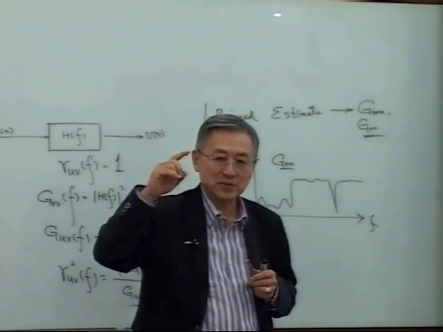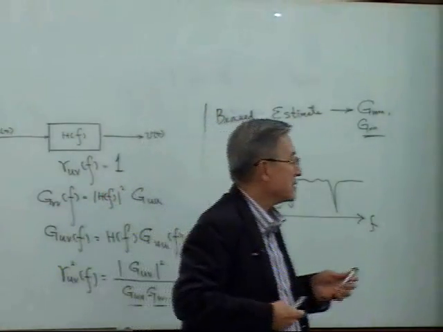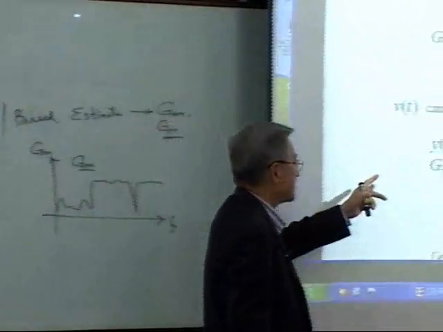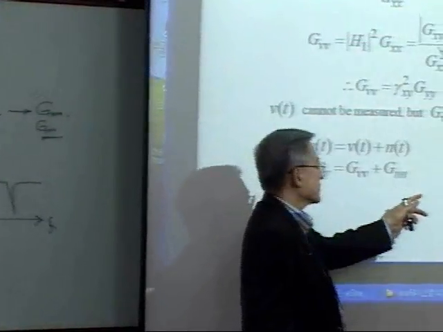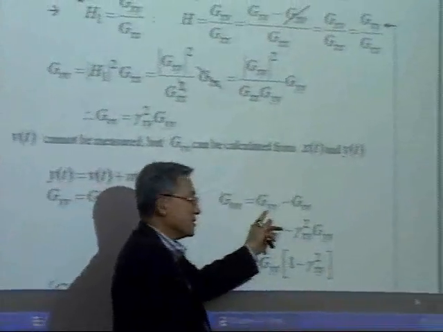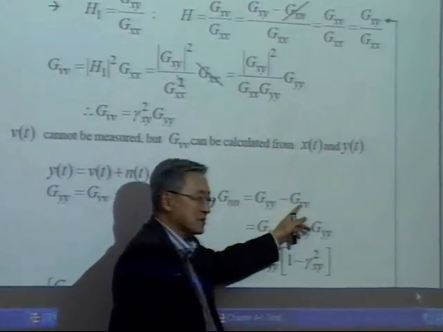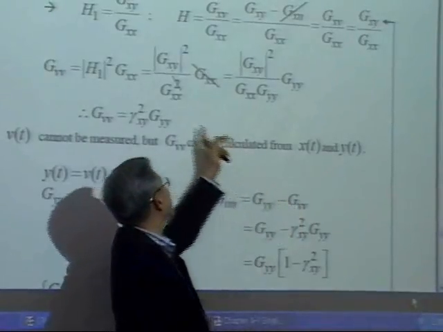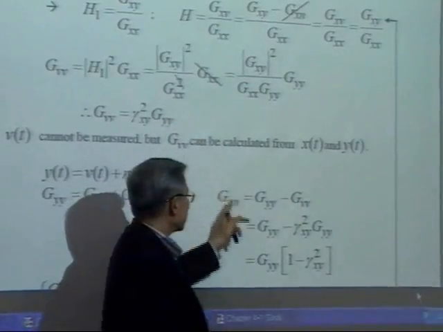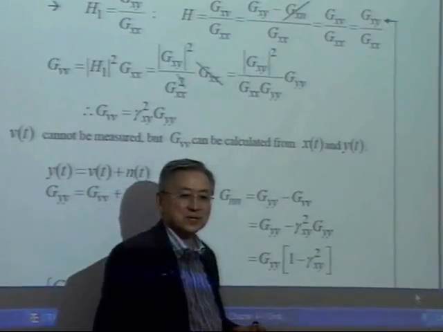Yes, it is computable. How? Right here, this relation. This is measurable, and this is computable. Then you can compute GNN.